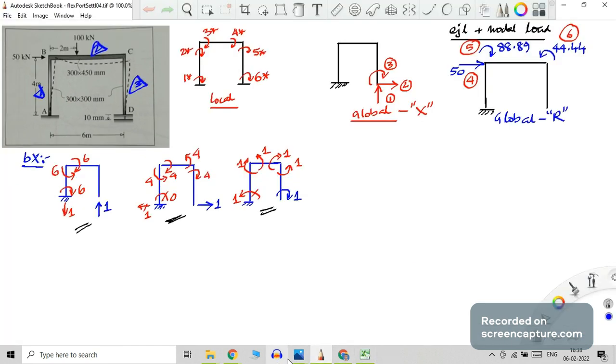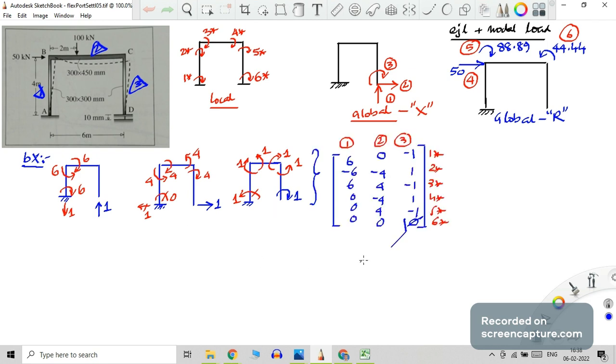I don't know, some memory issue, so it is slow. So BX is direct, straightforward equilibration. Write BX here. Some error: this one should not be zero, it should be one. I have corrected that.